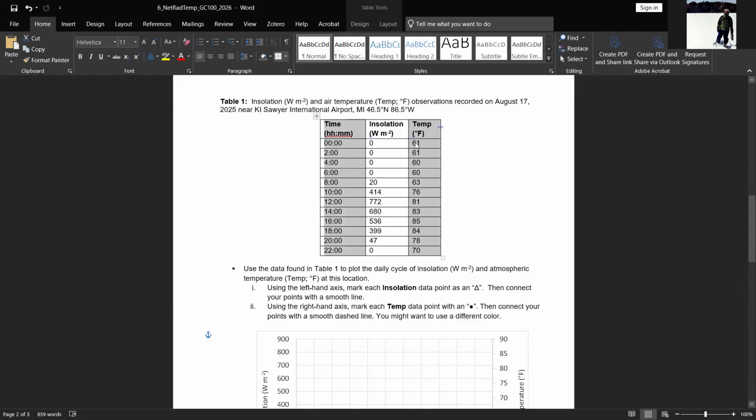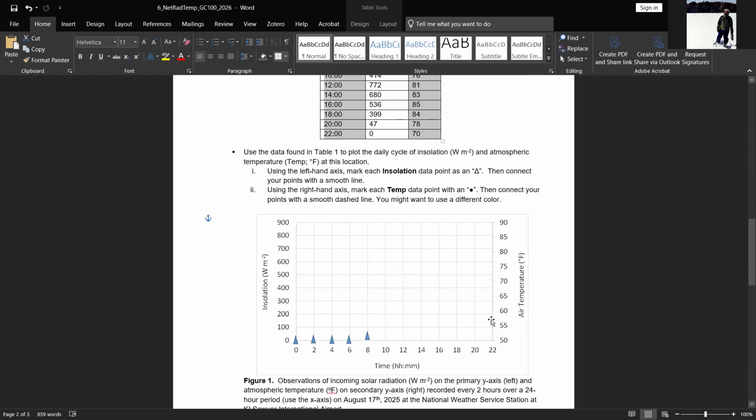At midnight, the temperature was 61 degrees. So you would find 61 degrees on this axis, but we still start time at midnight. Here's about 60, and so you'd make a point somewhere right around here.